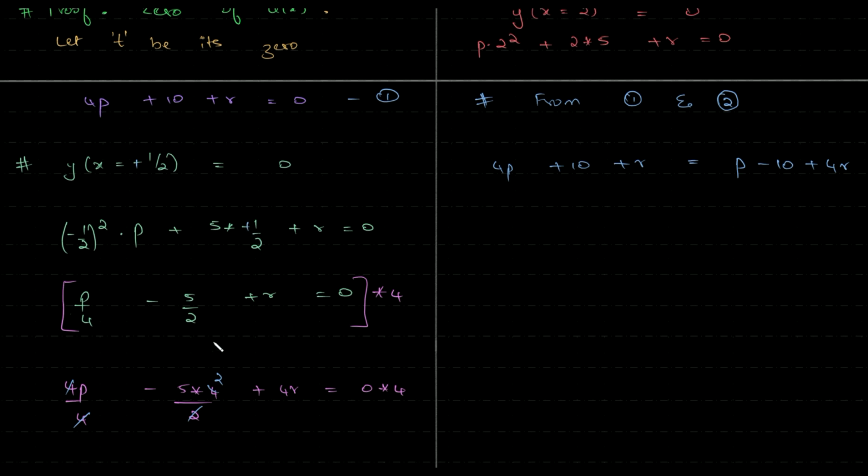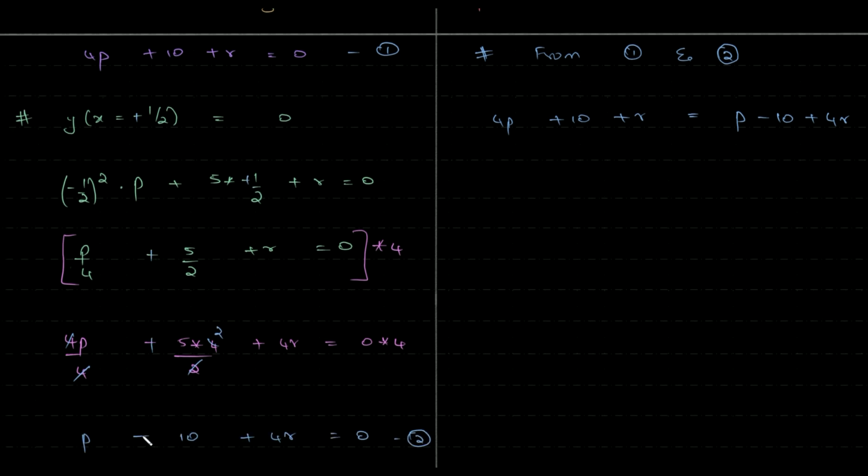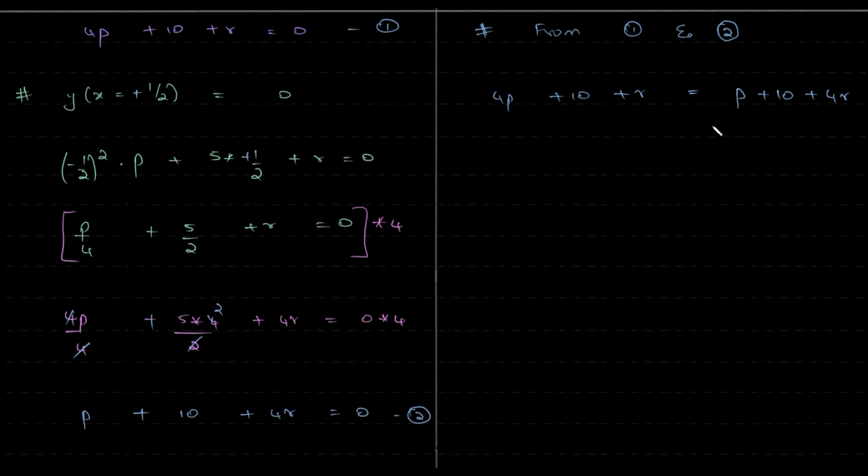I thought so, because we should not be getting 10 over here. So this would be your expression. We have 10 on both sides, that is common. Let me transpose this to the right hand side and this to the left hand side. So 4p minus p is equal to 4r minus r.